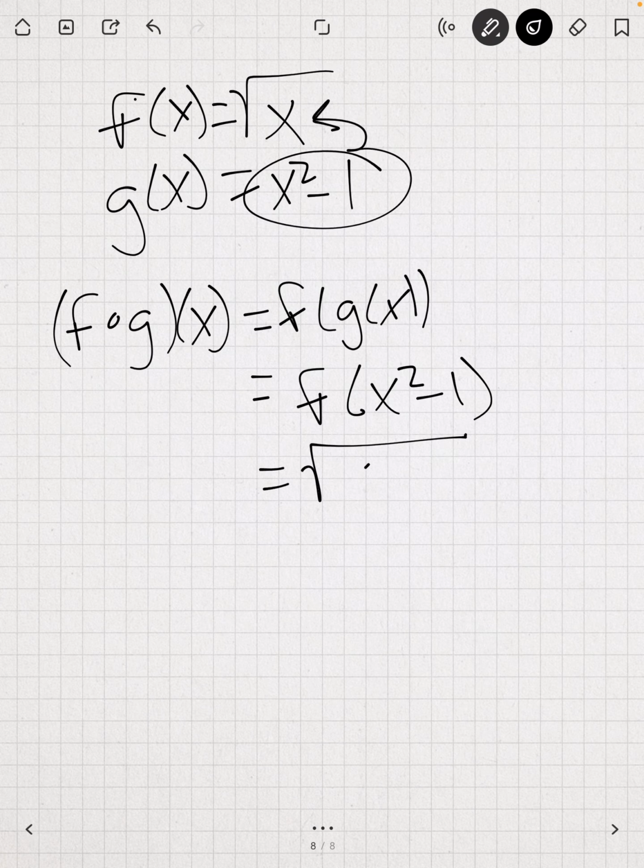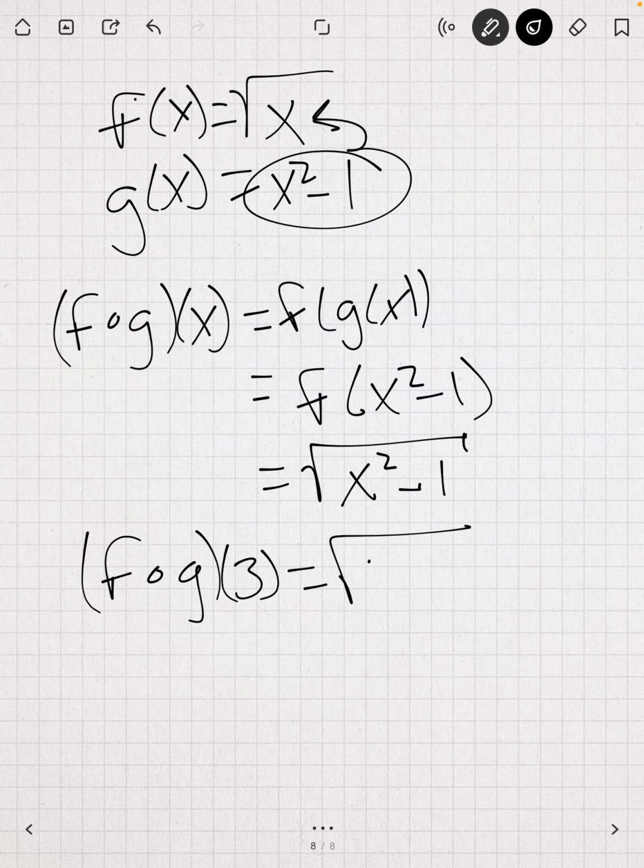We get the square root of x squared minus 1. And so that's our algebraic method. And so f composed with g of 3 is just the square root of 3 squared minus 1, and 3 squared minus 1 is 8, so the square root of 8.